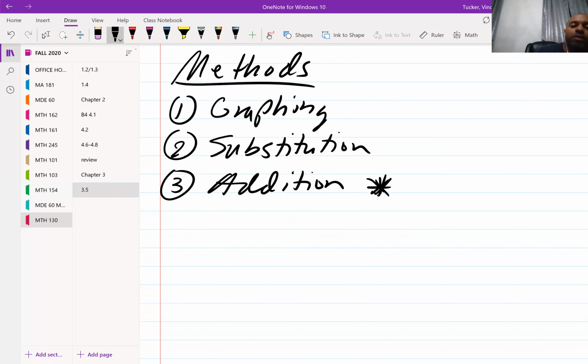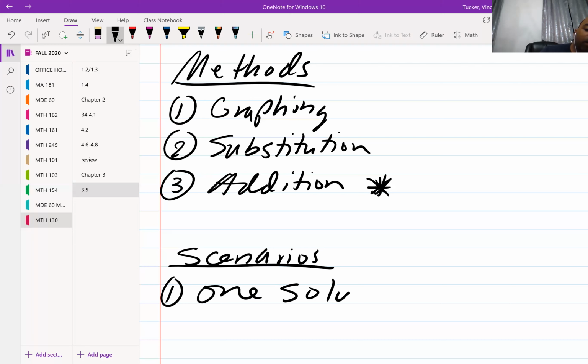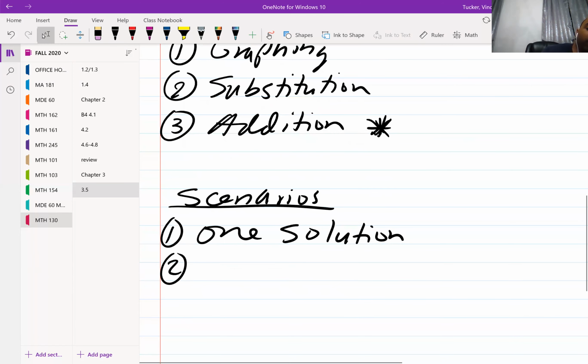No matter which method you use, there are three possible scenarios. First scenario is that you solve and you get one solution, like the first example I showed you, where we end up with (4, 2) as the ordered pair. That's one solution. It's possible to get no solution.